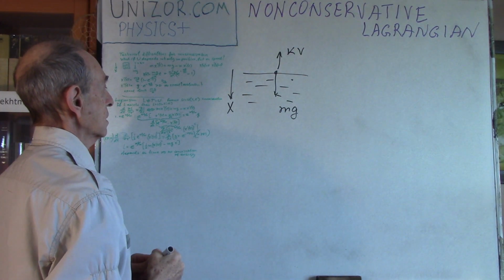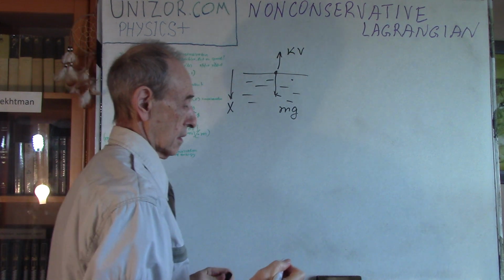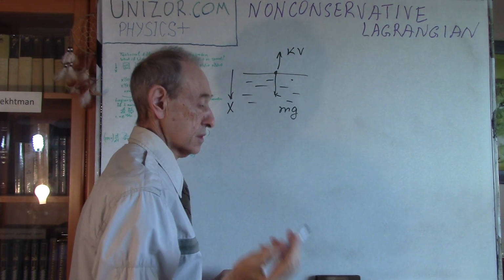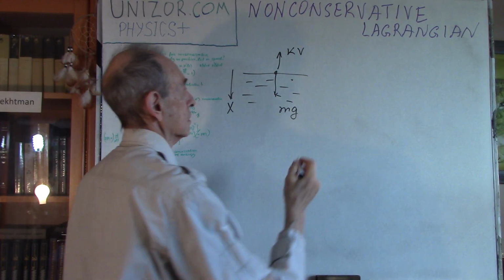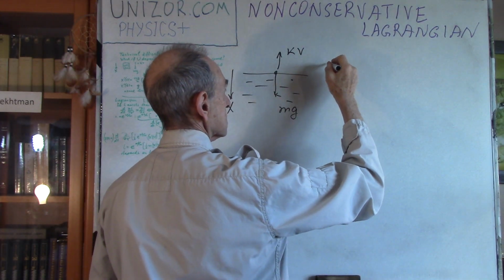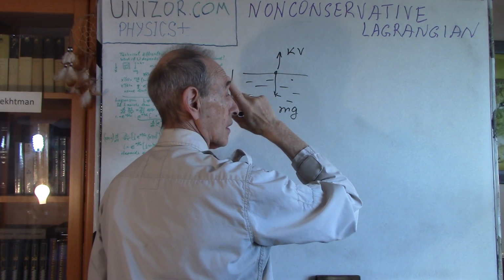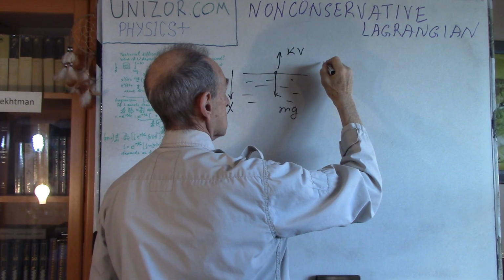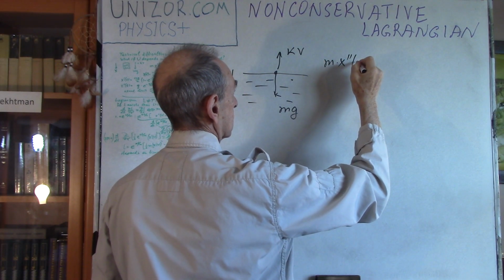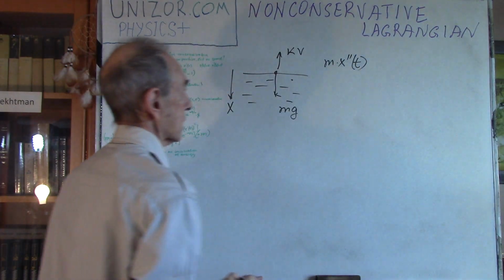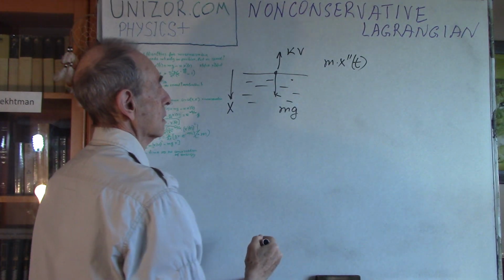So, Newton's equation would be what? That the force is equal to mass times acceleration, so mass times the second derivative with respect to time. x is the coordinate, so this is m and this is acceleration a.